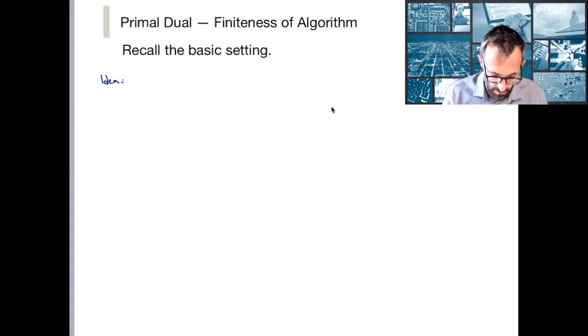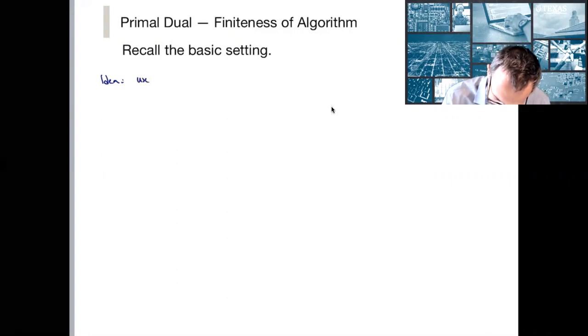So very quickly, okay, so the idea is use complementary slackness.